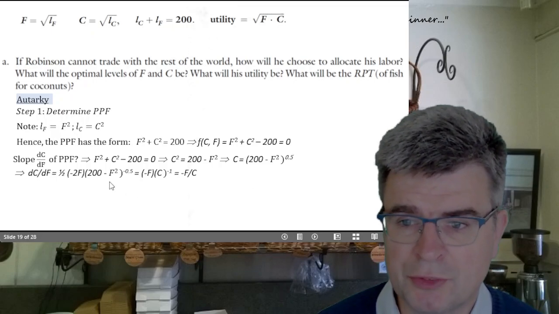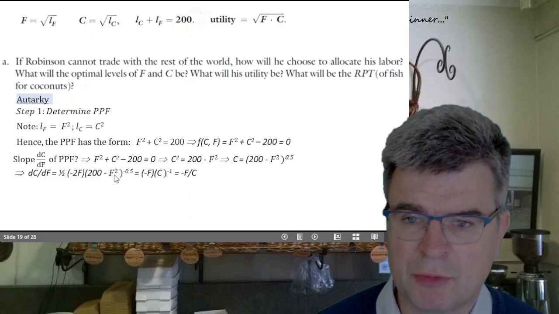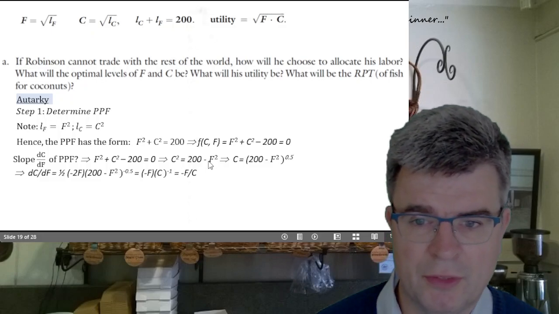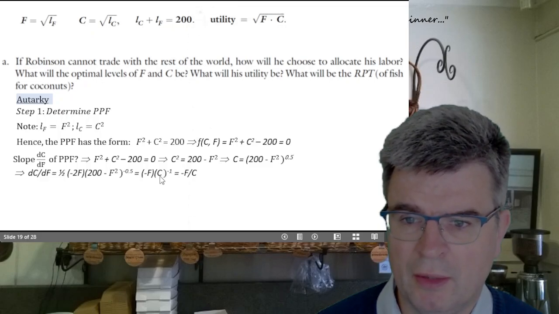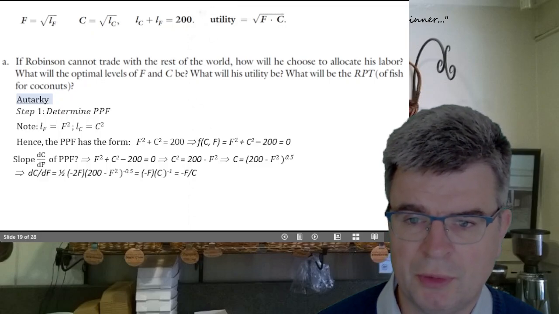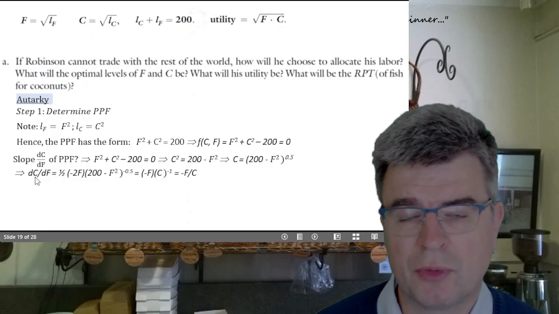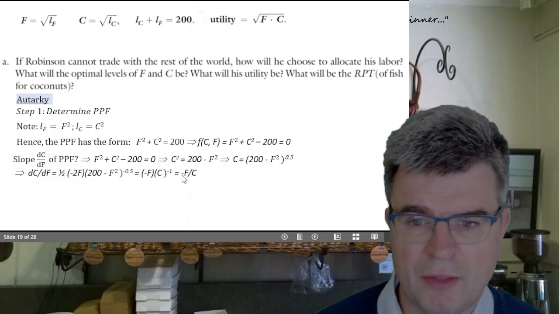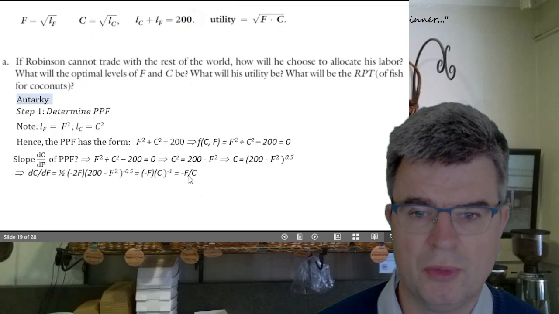And then if you simplify this a little bit by replacing the 200 minus f squared by the consumption level, we get that the slope of the production possibilities frontier is the negative of the ratio of fish and coconuts.